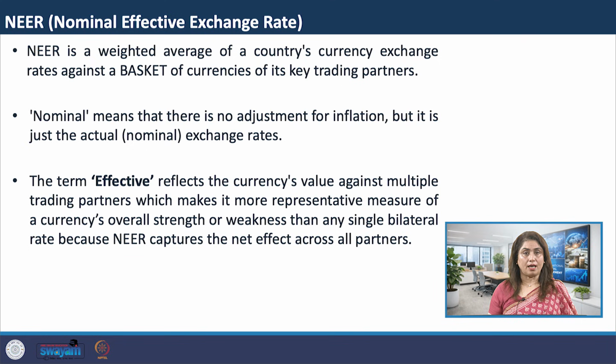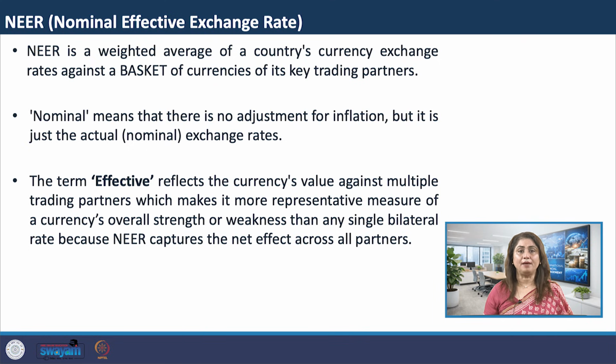So instead of asking how the rupee is doing against the dollar, we ask how the rupee is doing against all of India's major trading partners taken together? This makes NEER a far more representative measure of a currency's overall strength or weakness.